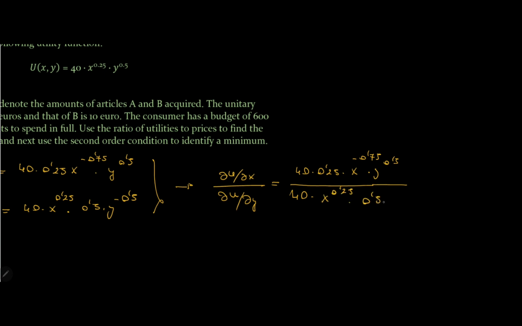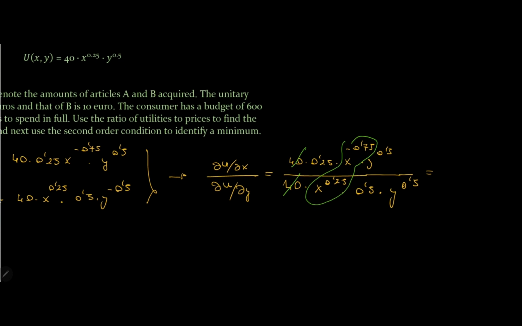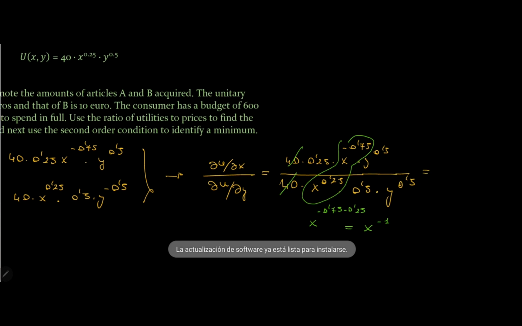25 0.5 times y raised to the power of 0.5, and here I simplify 40 with 40. Then I put together these two x, and I get x to the power of minus 0.75 minus 0.25, that means x raised to the power of minus 1.